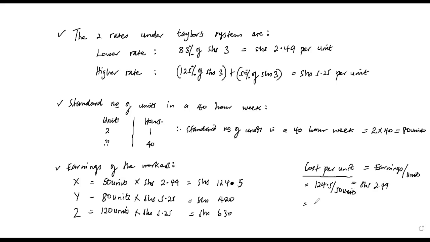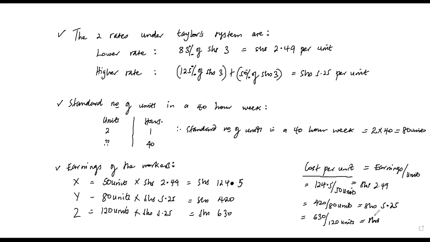And look at Y, the earnings are 420, from producing 80 units. So the cost per unit is 420 divided by 80, that is 5.25 per unit. Then for Z, Z receives 630, but this is from producing 120 units.